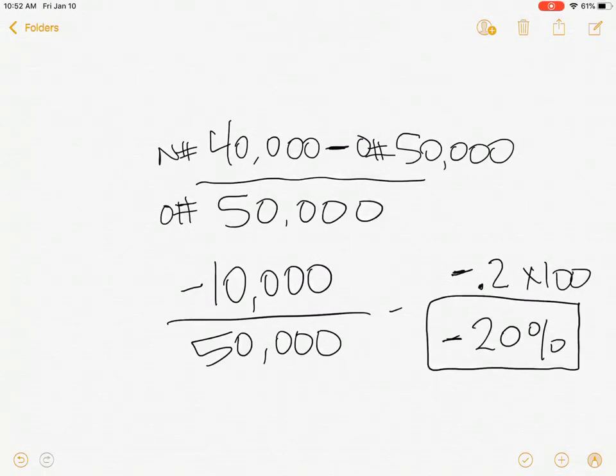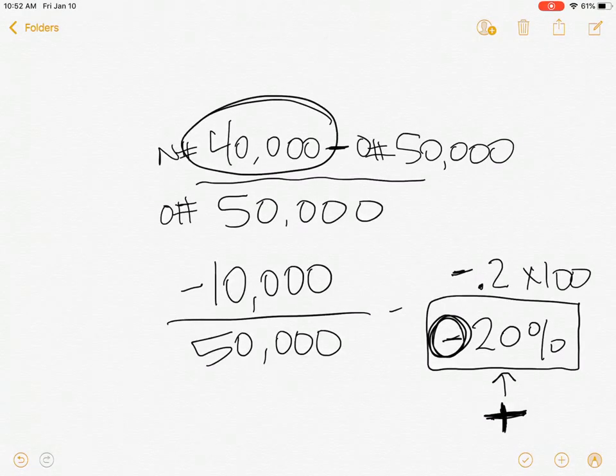So a negative variance is positive. I think I said that wrong. I wrote that wrong on the other slide a second ago. If you have a negative percentage variance, that is positive, because that means you spent less than you budgeted.